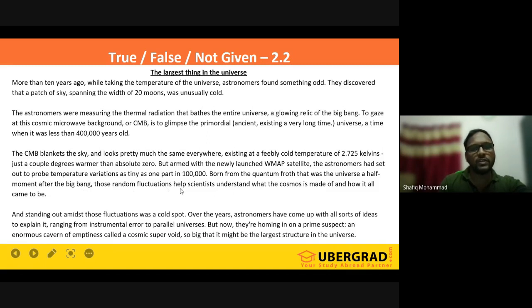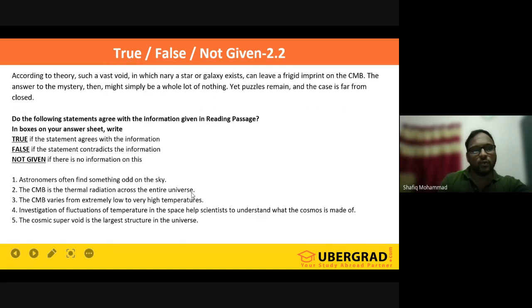Those random fluctuations help scientists understand what the cosmos is made up of and how it all came to be, isn't it? So the question also says the investigation of fluctuations of temperature. So when they were investigating all these things about the temperatures, it helped to understand the universe and cosmos, how the Big Bang theory came into existence. So don't go very deep again. If you go very deeply, you will be in trouble.